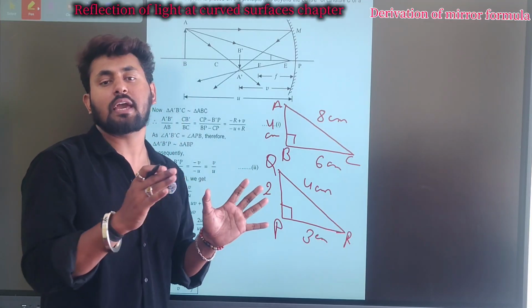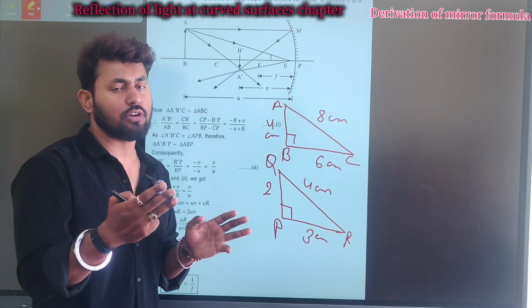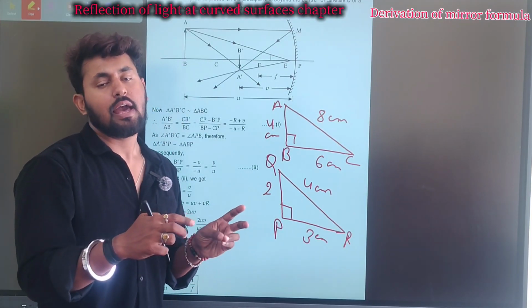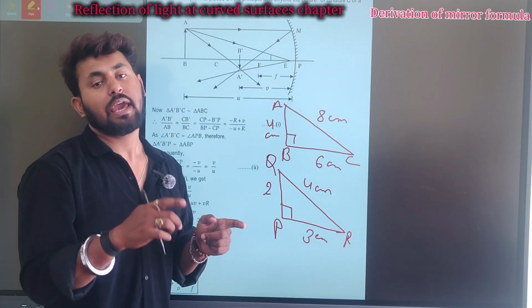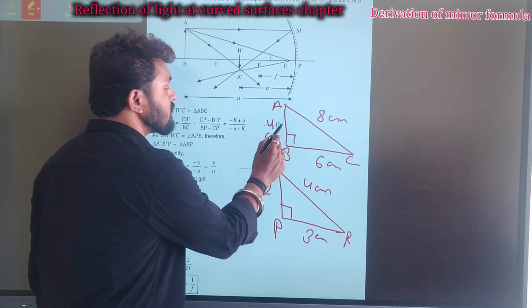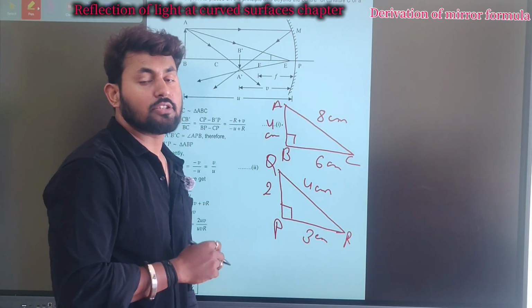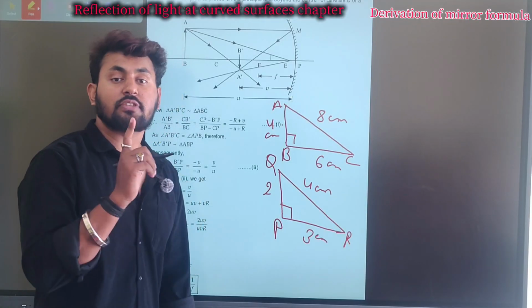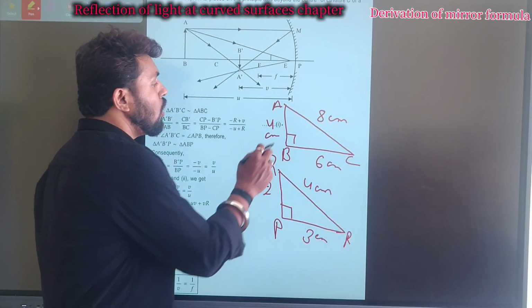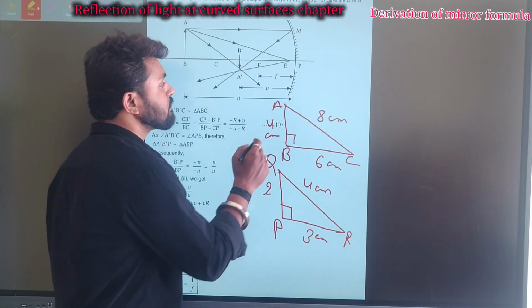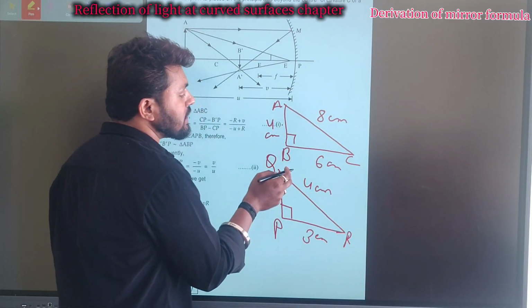We have three properties over here: the first property is angle, the second one is SAS, that is side, angle, side, and the third one we have is side, SSS. That means all the sides.